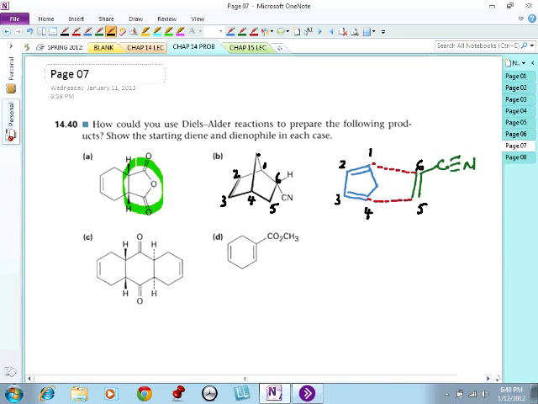Now the bridge, which is this one here, let's call that 7, which is this here. You guys see that? Is that okay? Everybody see that? Okay, so the question that was asked of us is to give the starting material for this product.